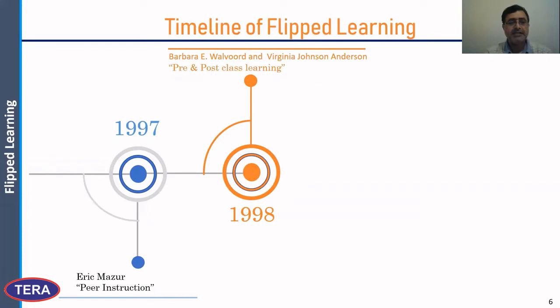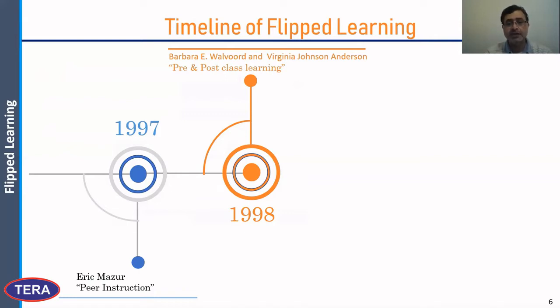After that, in 1998, two more academics, Barbara and Virginia, proposed a model of pre- and post-class learning. This is also a student-centered approach and incorporates operating principles of flipped learning.